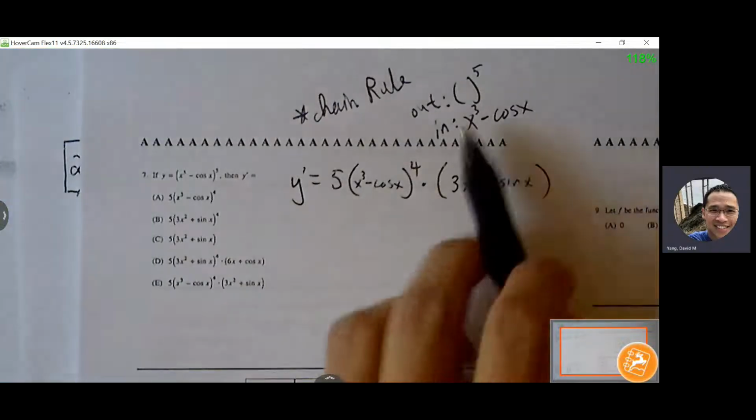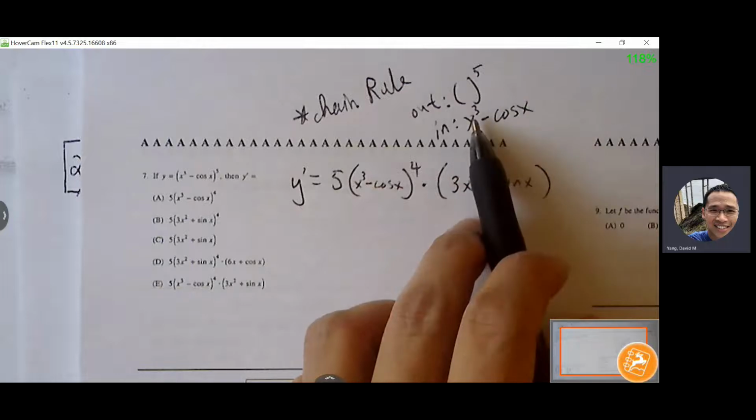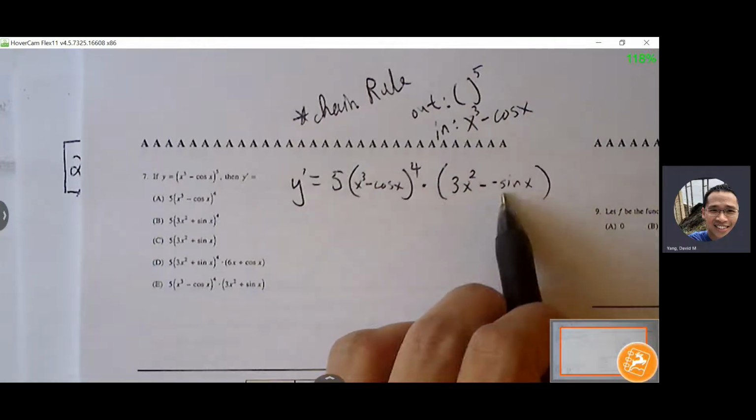So the outside derivative, parentheses to the fifth power becomes 5 parentheses to the fourth. And then the inside derivative, 3x squared minus negative sine x.